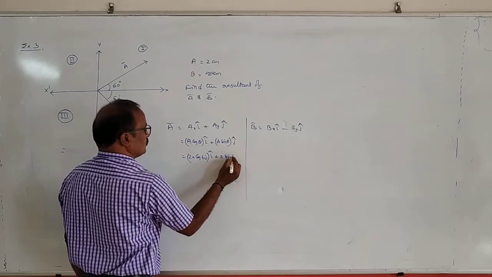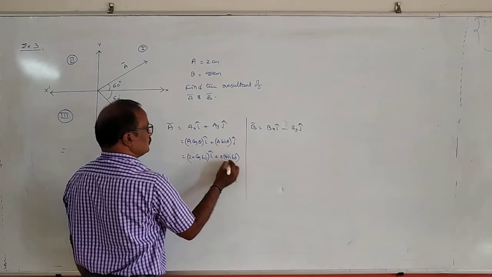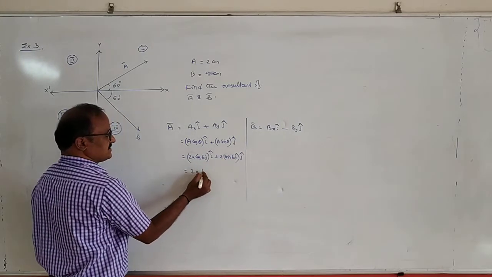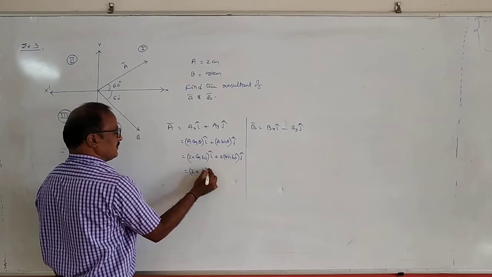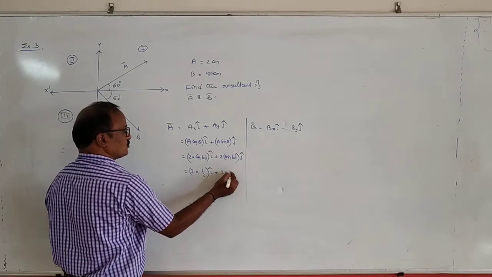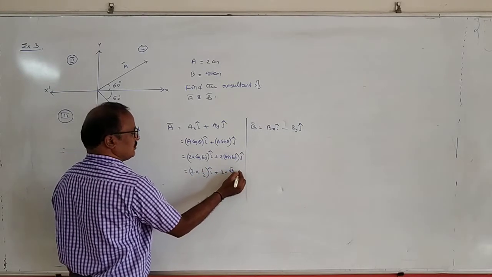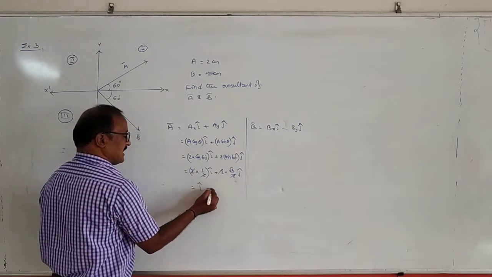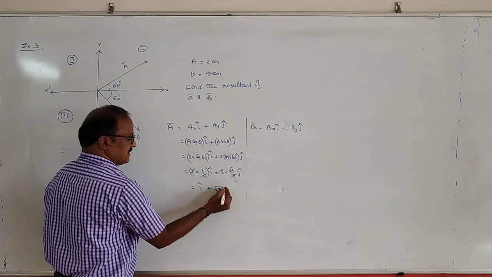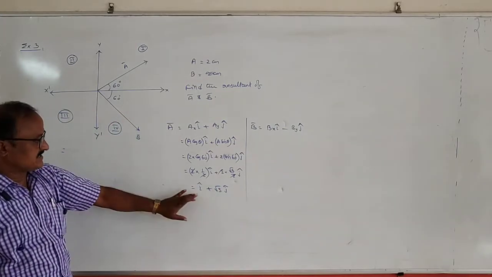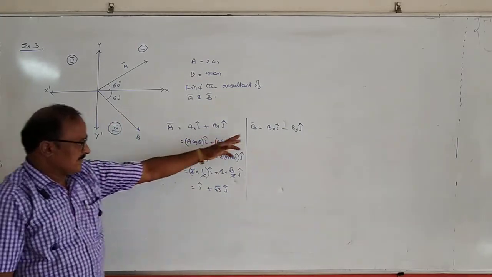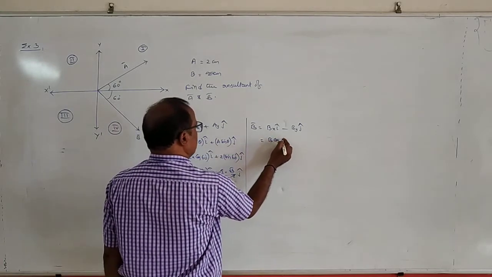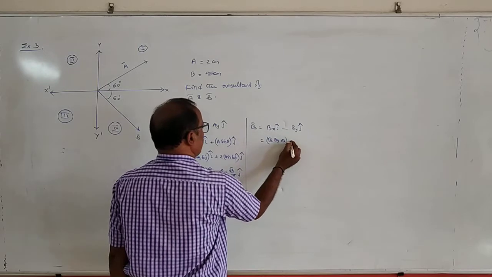Cos 60 is equal to 1 by 2 into i cap plus 2 into sin 60, which is root 3 by 2, into j cap. 2 cancel and 2 cancel. That is i cap plus root 3 into j cap. This is a bar.